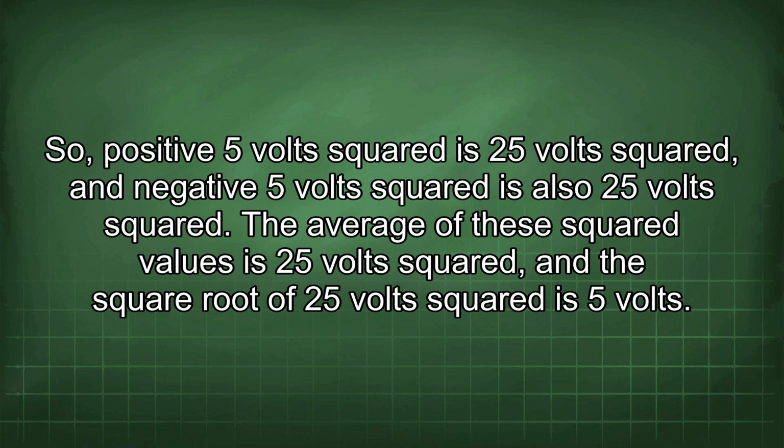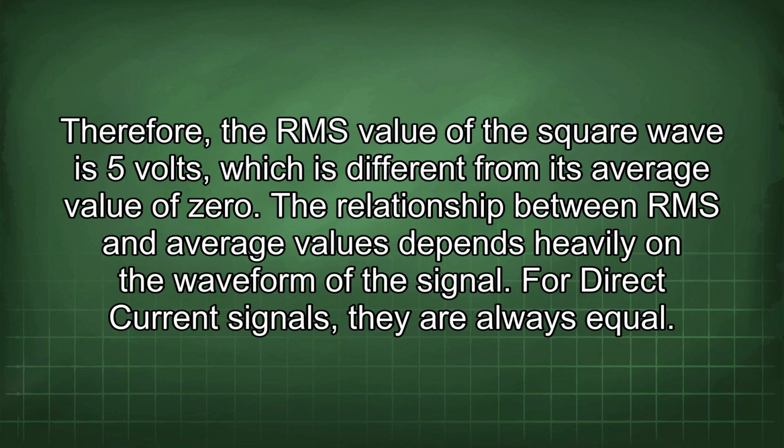The average of these squared values is 25 volts squared, and the square root of 25 volts squared is 5 volts. Therefore, the RMS value of the square wave is 5 volts, which is different from its average value of 0.